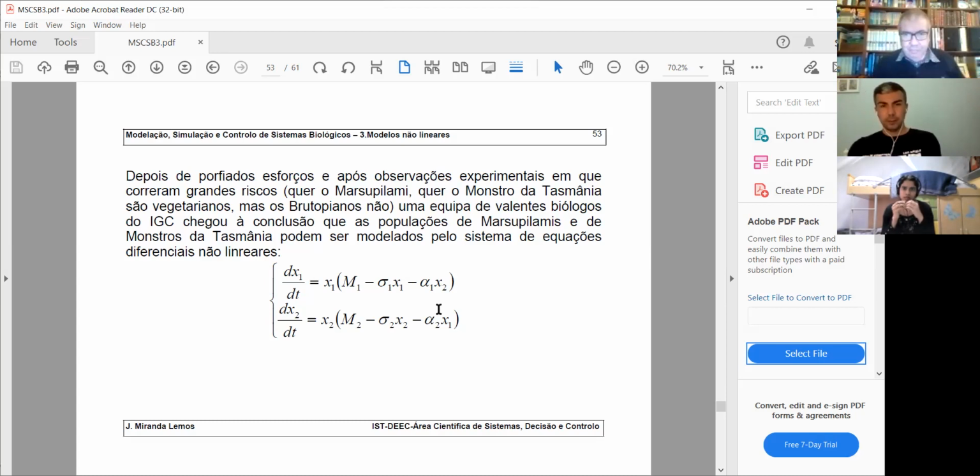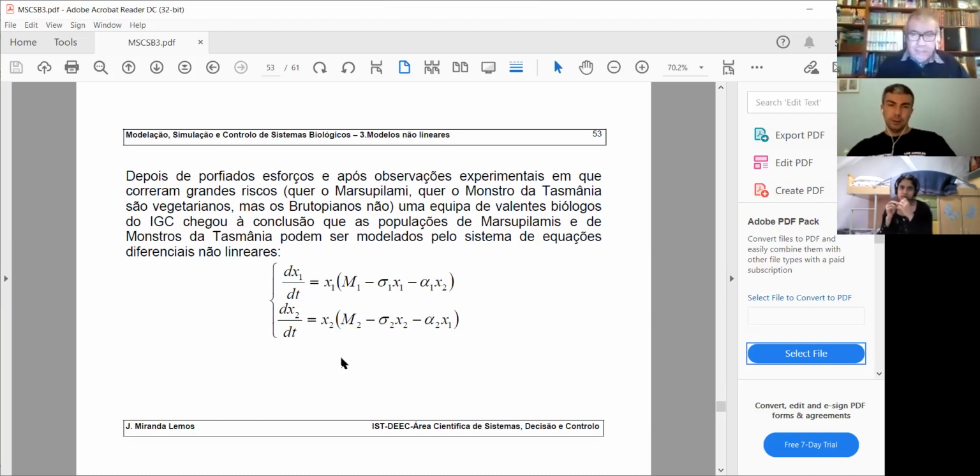What is the condition? Suppose that the first one vanishes. What does it mean? It means x1 equal to 0. So look at the first derivative. What happens? It's 0.